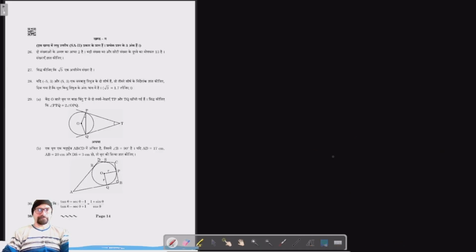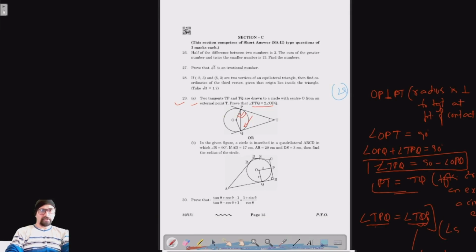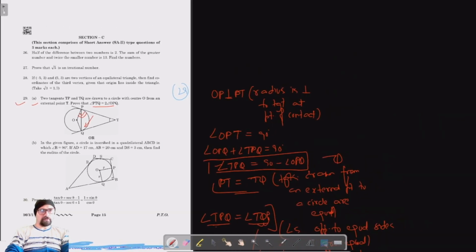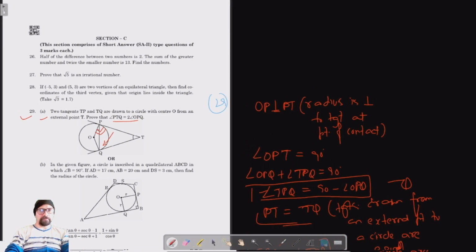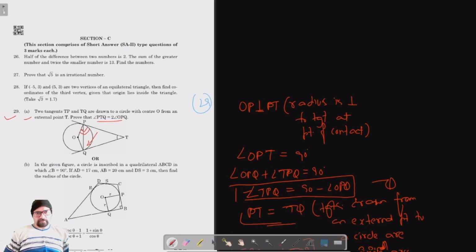Okay, we have done the first part of question number 29, and let's move on to the second part. For the second part, it's given that there is a circle that is described in a quadrilateral ABCD. So let me raise this first of all.